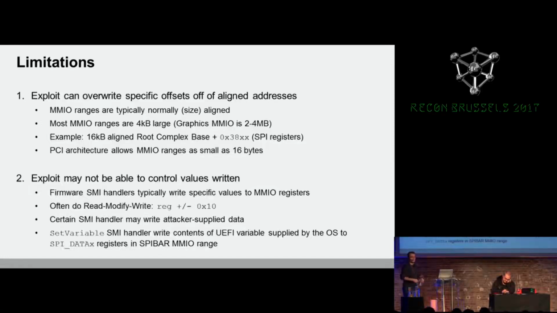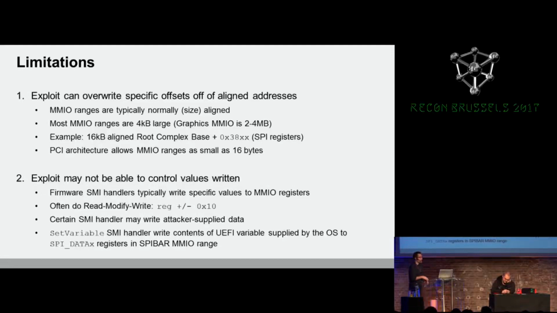You have very few possibilities. And the exploit may not be able to control the values that are written because the firmware or the SMI handlers typically write specific values or flip specific bits at those offsets, or even read a value, then modify it somehow and write, or read the value and write to some other register.